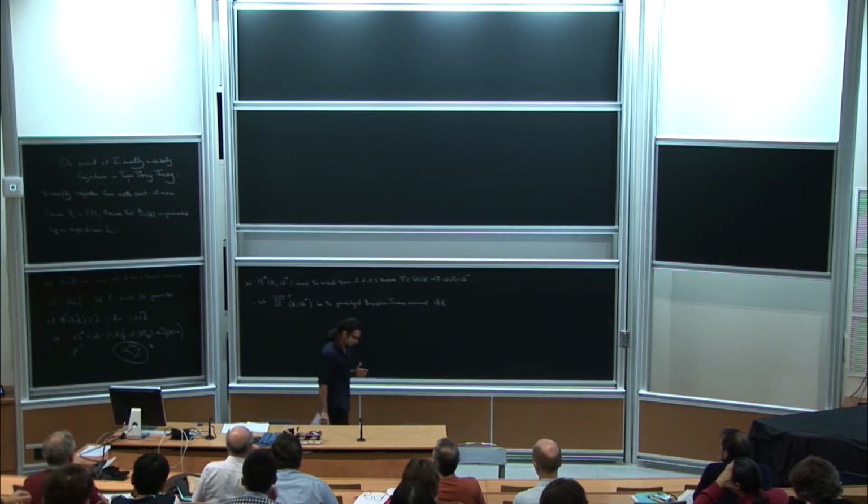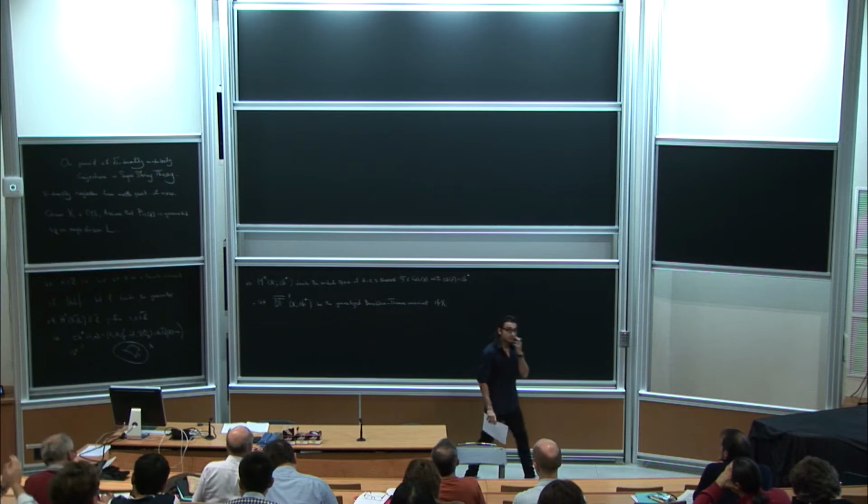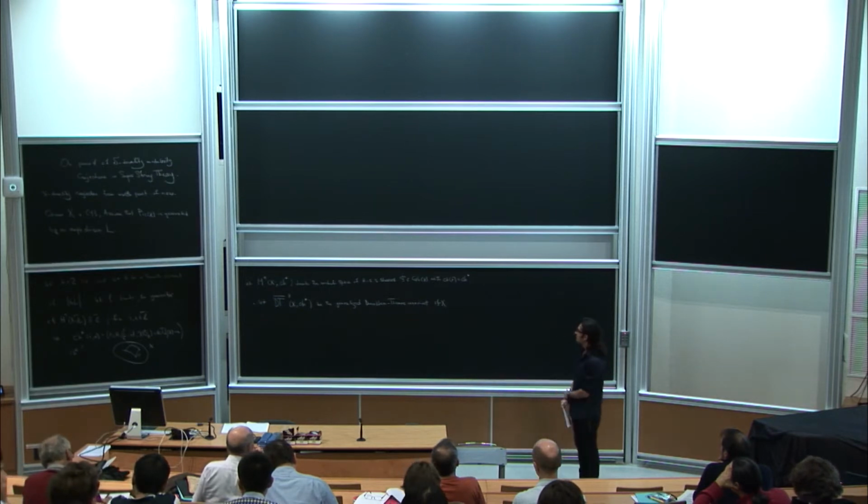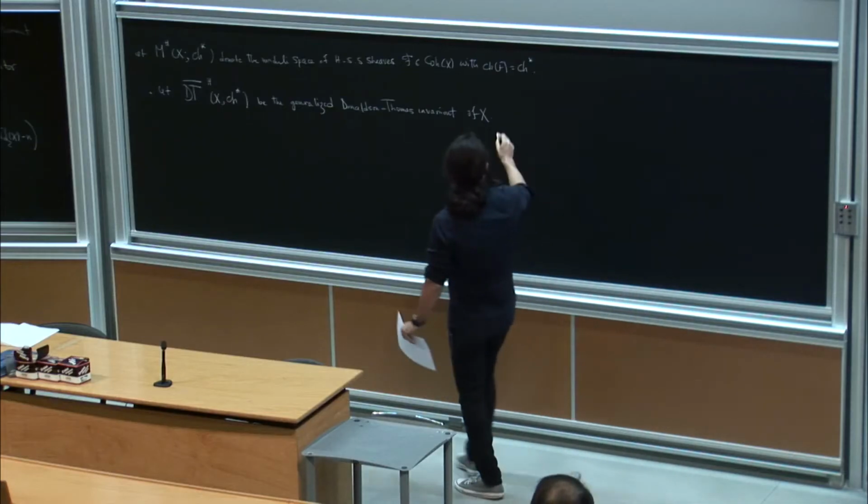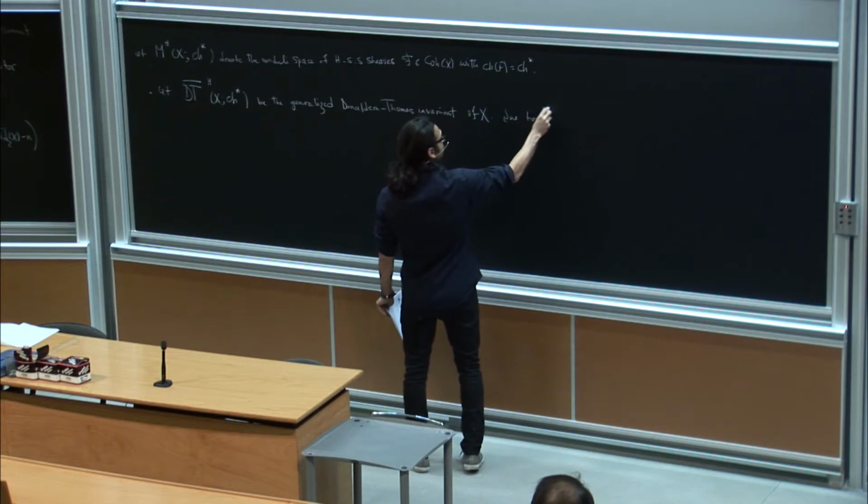Generalized Donaldson-Thomas invariants do not need that condition. In fact, these are defined by Joyce. So if you have strictly semi-stable sheaves, you can still define these. So this is due to Joyce and Song.